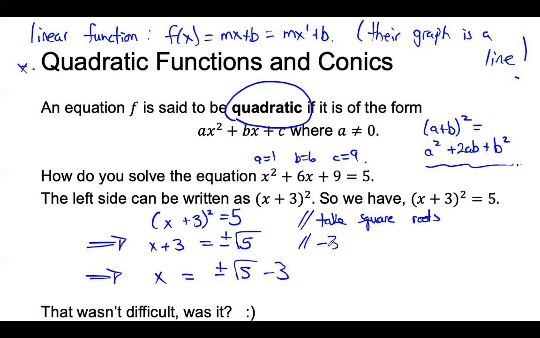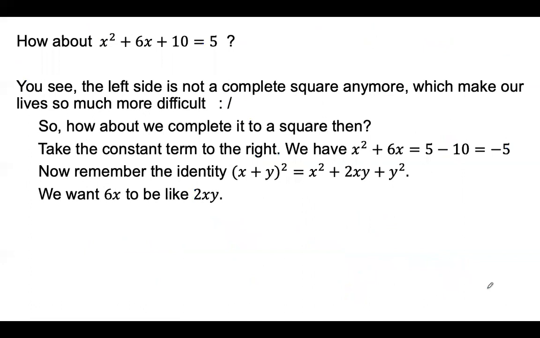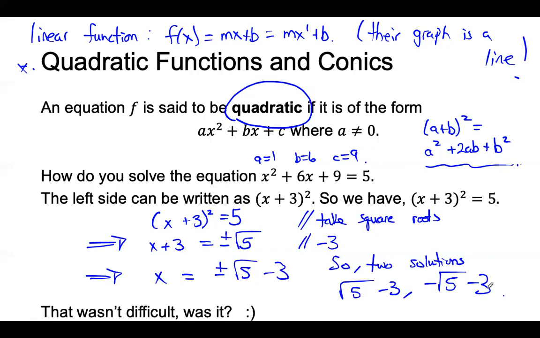So this actually has two solutions, as you see. The solutions are square root of 5 minus 3 and negative square root of 5 minus 3. So those are the two solutions. That one is friendly. That quadratic seems okay, as long as you can rewrite it in this way.